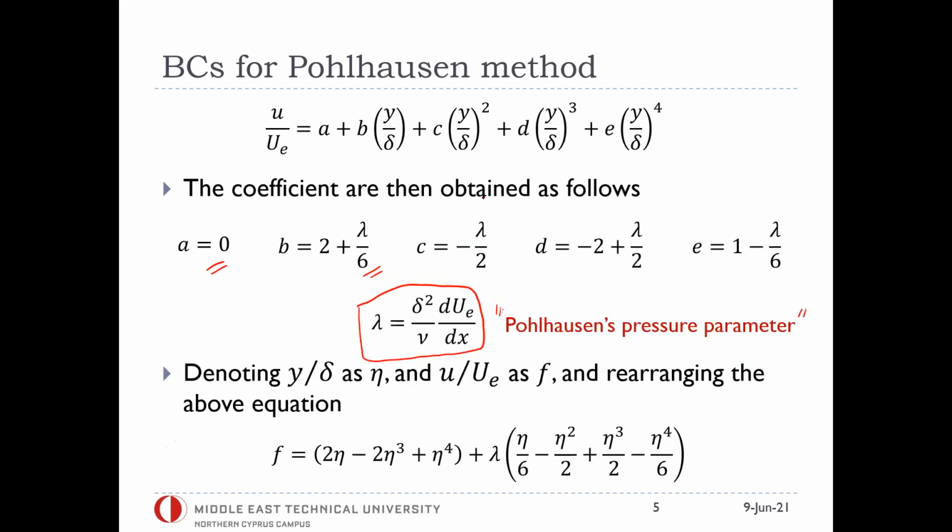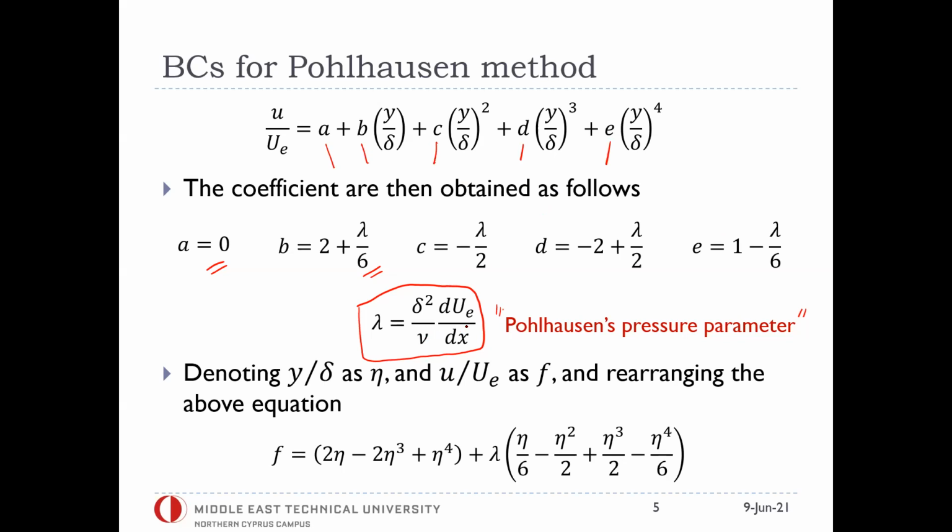Anyway, when we do that, B is equal to 2 plus lambda over 6, C is equal to minus lambda over 2, D is equal to minus 2 plus lambda over 2, and E is equal to this. So therefore, we now have expressions that we obtained for all of these 5 constants.